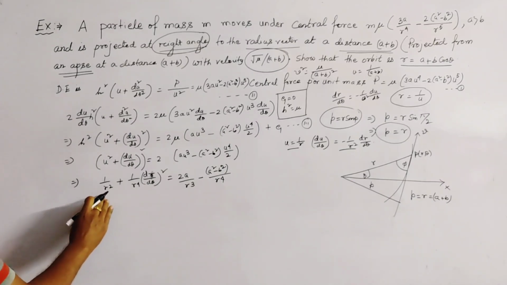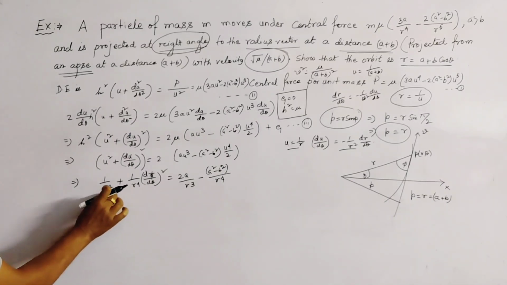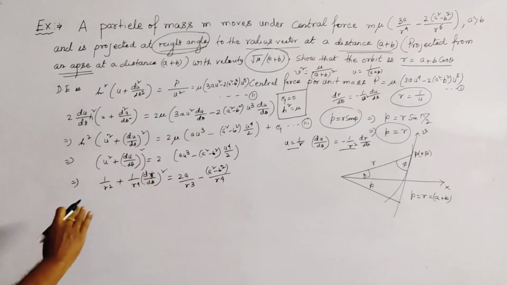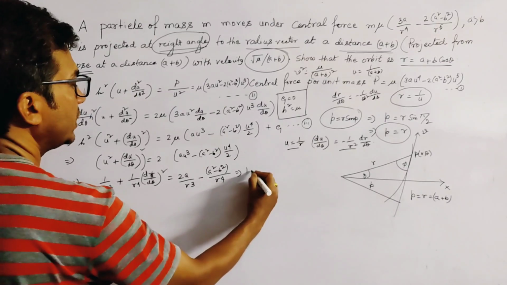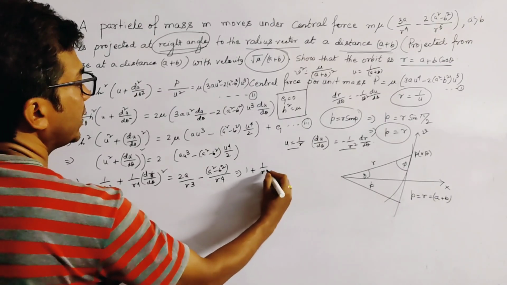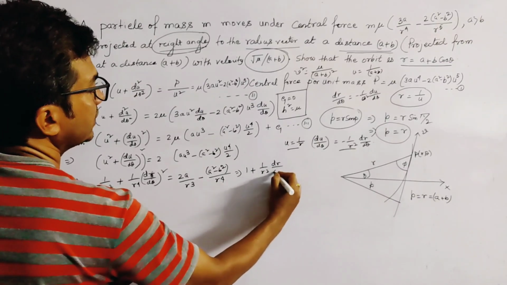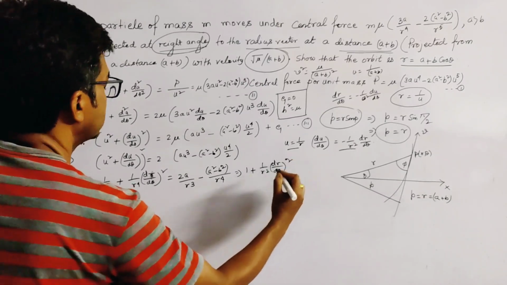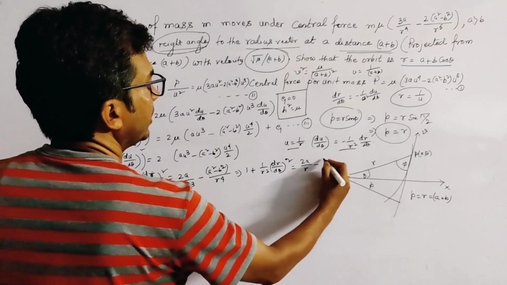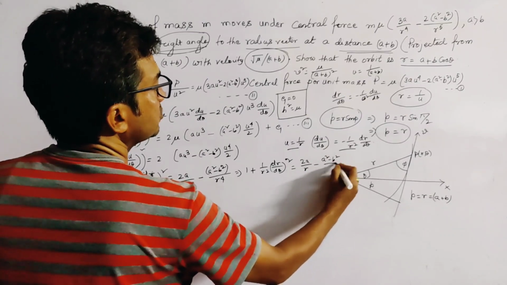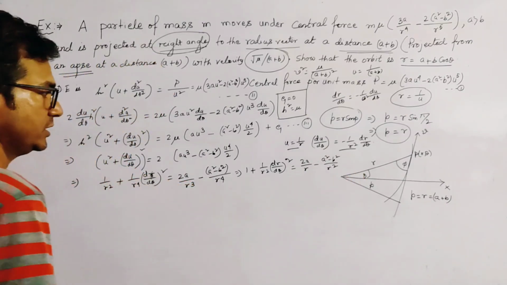And we cancel out r square from both sides. We get the result as 1 plus 1 by r square dr d theta whole square, equal to 2a by r minus a square minus b square by r square.